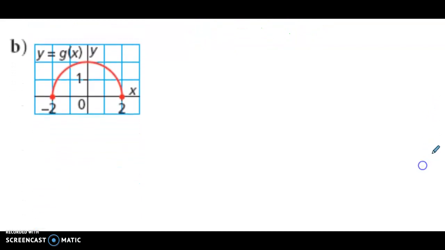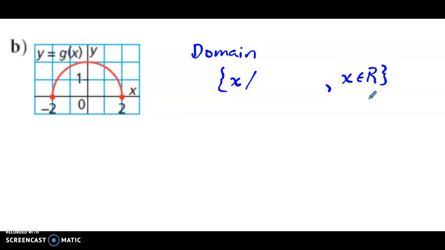Part B is another funny graph. We're going to do domain and range again. So for the domain, remember, we're looking only at the x values. What makes sense going left to right? My graph is connected, so it's going to be real numbers.